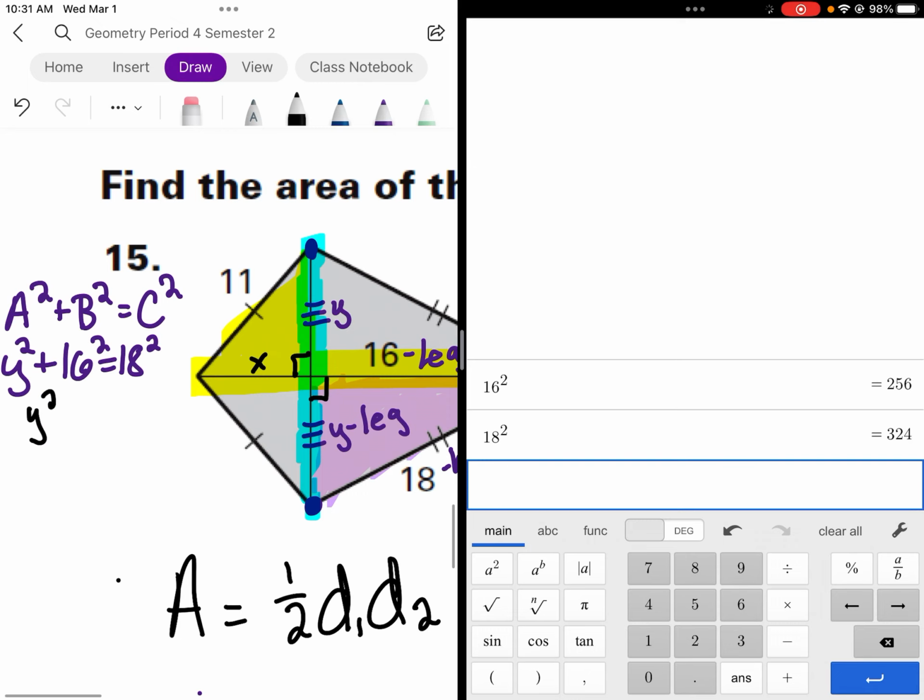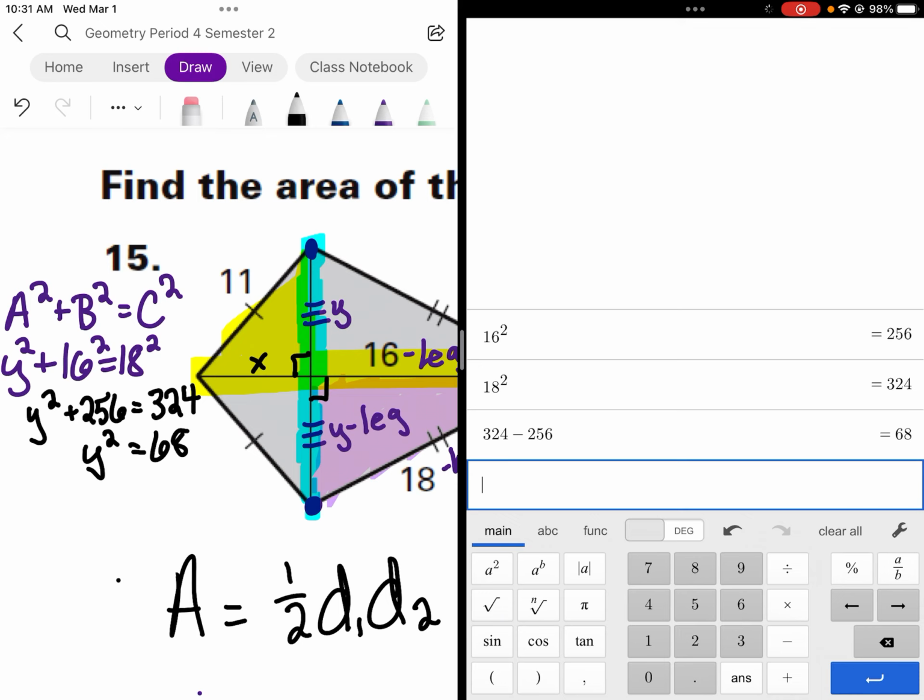So we have y squared plus 16 squared, which we know is 256, equals 324. We want y squared by itself, so we're going to take 324 minus 256. That gives us 68.